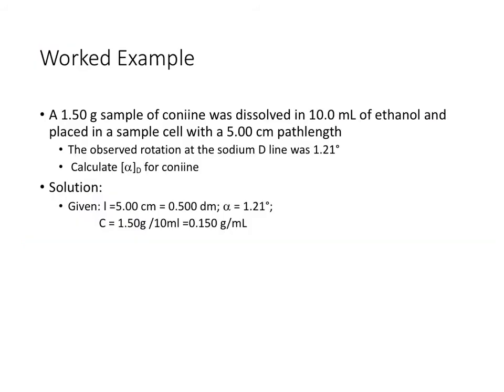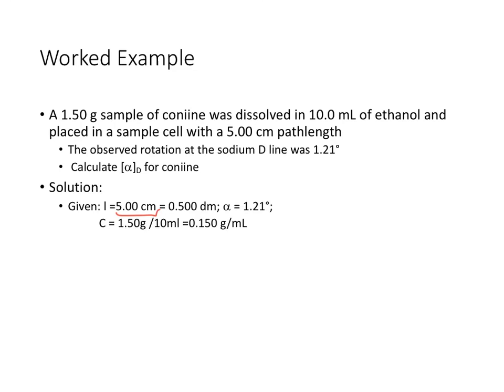So here's an example. Suppose you had a 1.5 gram sample and you dissolve it in 10 milliliters of ethanol and place it in a sample cell with a 5 centimeter path length. The observed rotation of the sodium D line was 1.21 degrees. Calculate the specific rotation for this compound. So what's given is the path length at 5 centimeters.